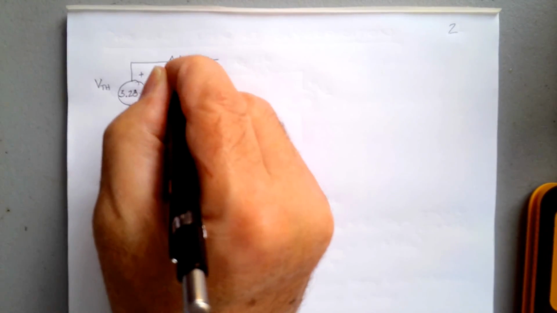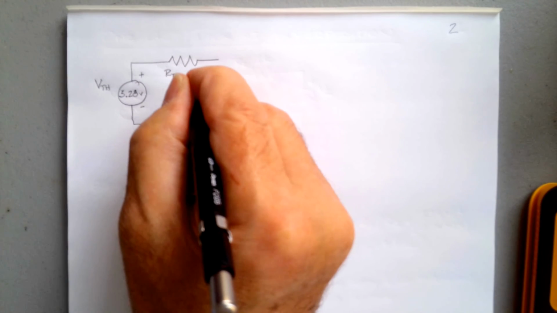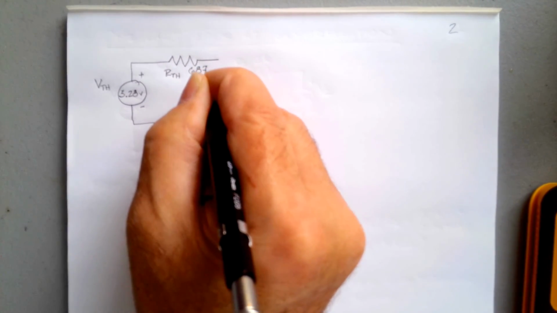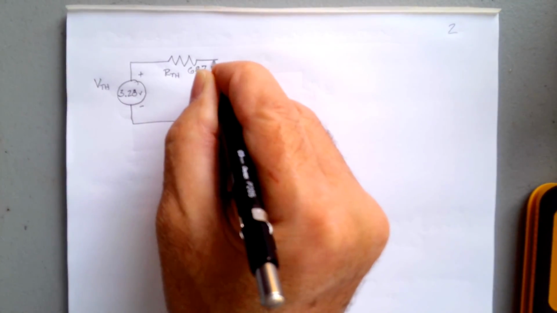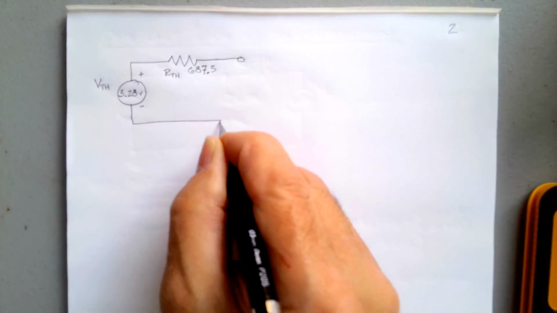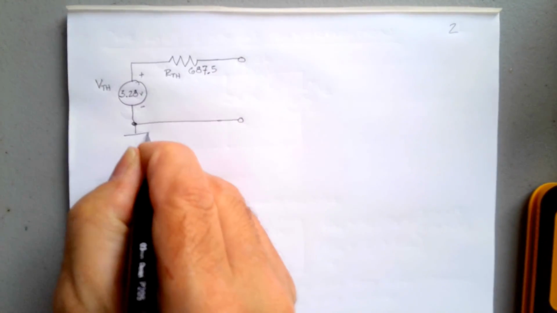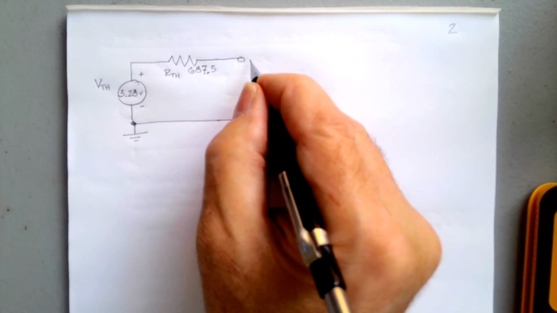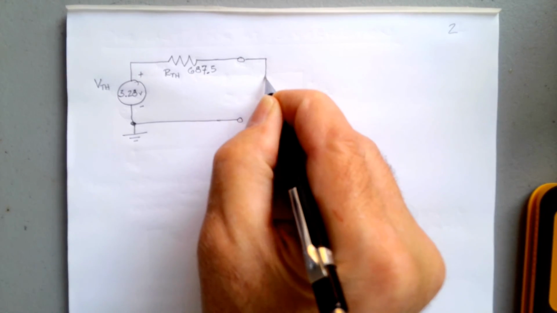And we have RTH is 687.5 ohms. Again, I'm being way too precise here. And we can call this point ground. It's just a matter of a reference point. And now we're going to hook on a 1.5K resistor here.